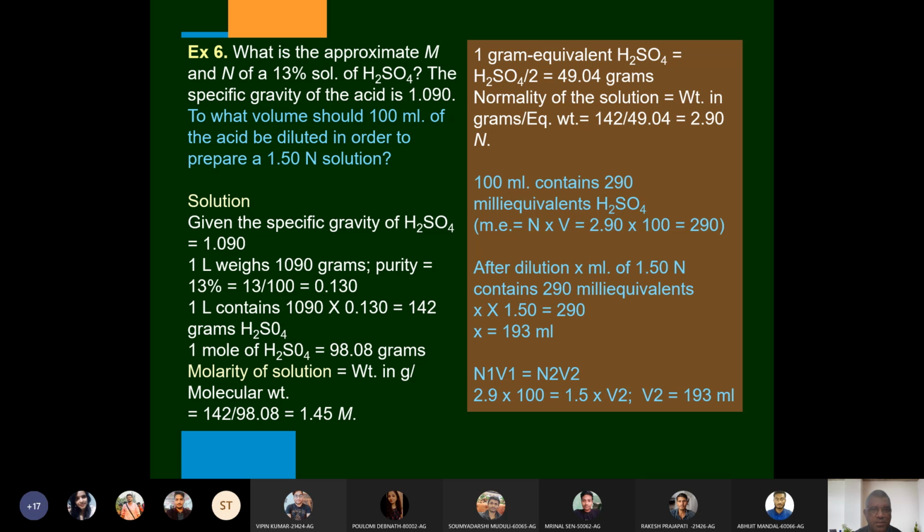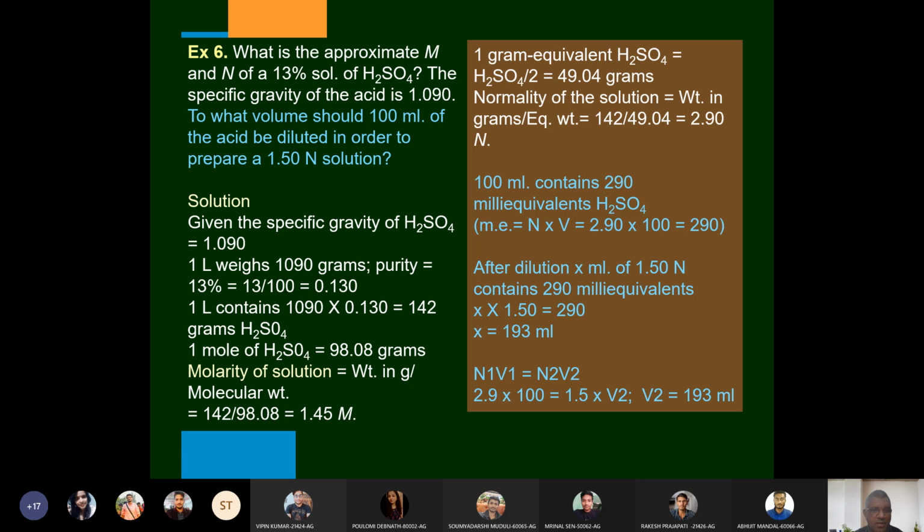You multiply this 2.9 by 100. 100 ml contains 290 milliequivalents. So milliequivalent is normality into volume. Normality into volume is equal to 2.9 into 100, so you get 290. Where has this 290 come from? Normality into volume is your milliequivalents.